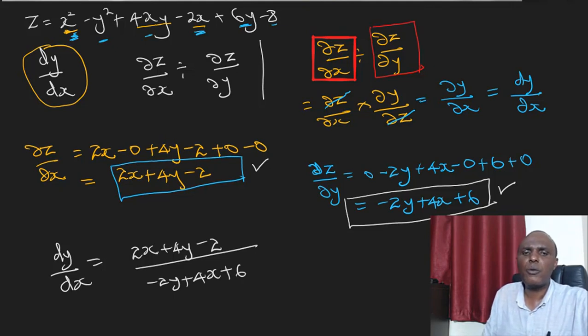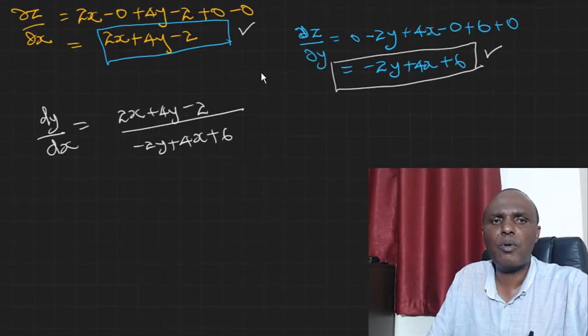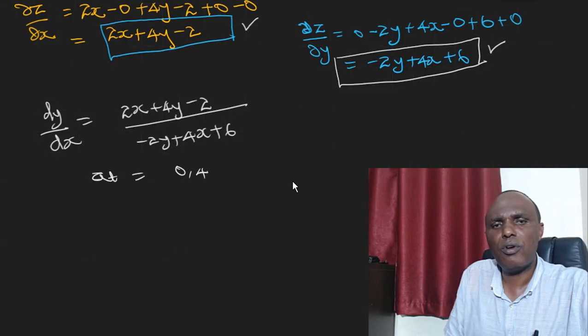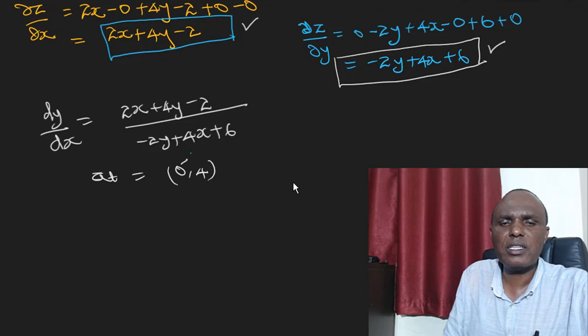We are told to get the value of the gradient of the tangent at the point (0, 4), where the value of x is 0 and the value of y is 4.